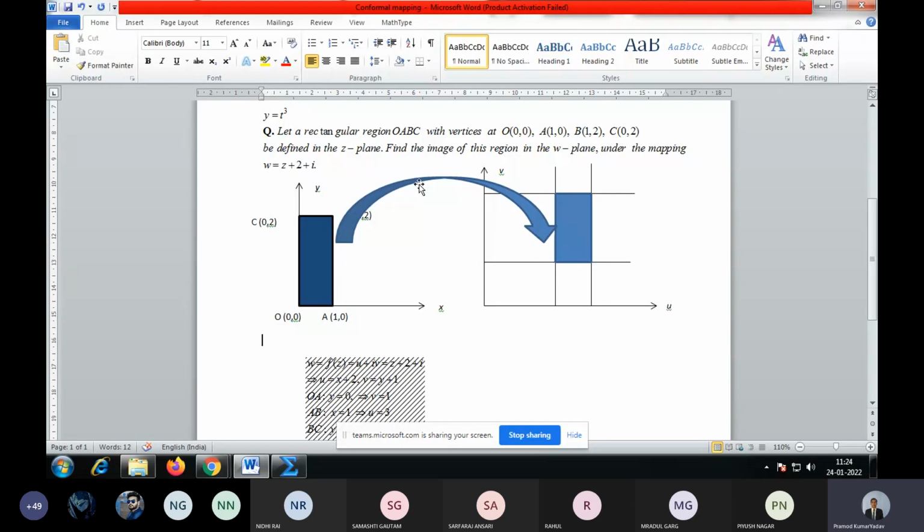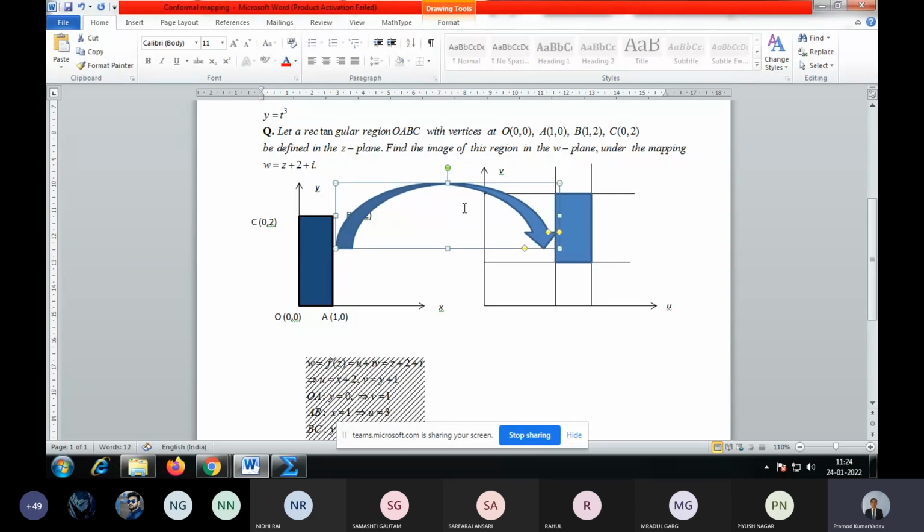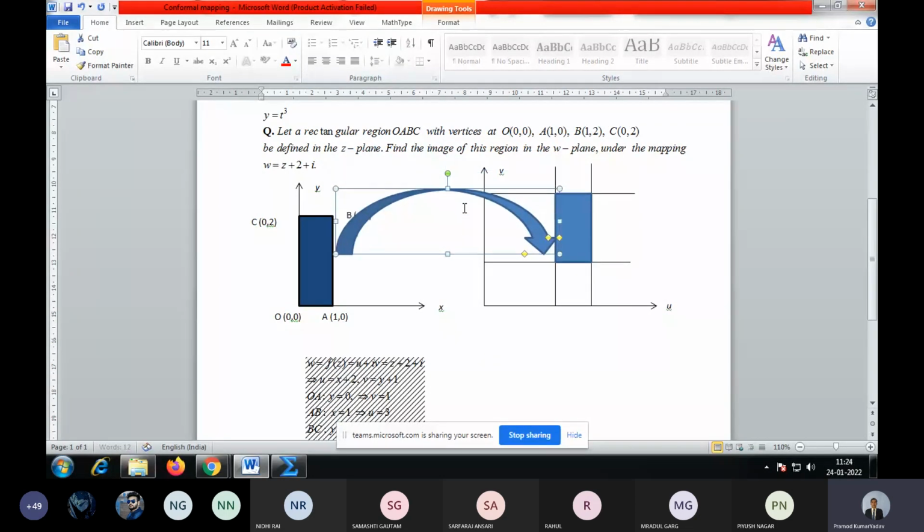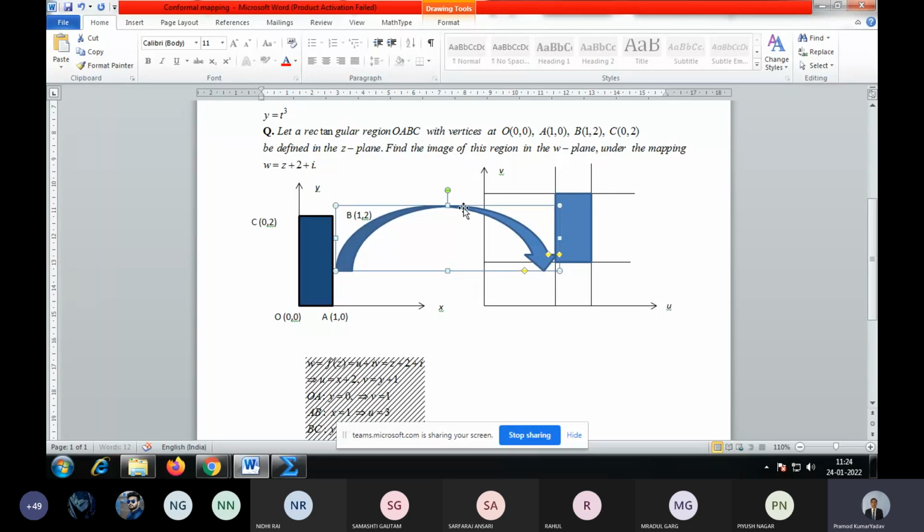Now the point is clear that we can transform one image which is in the Z plane into another image in the W plane with the help of a transformation.